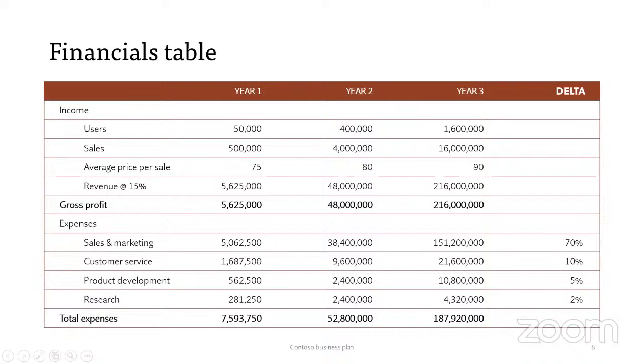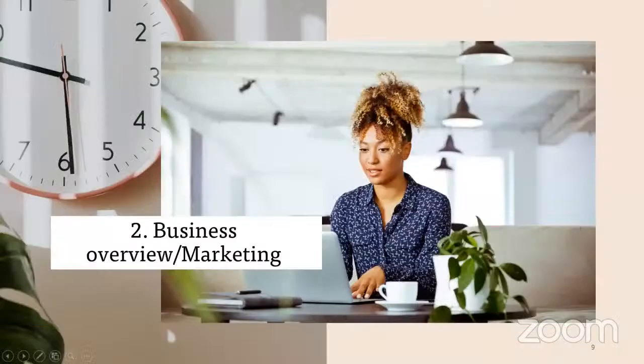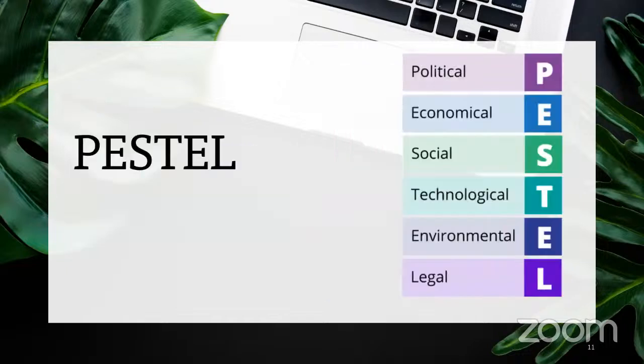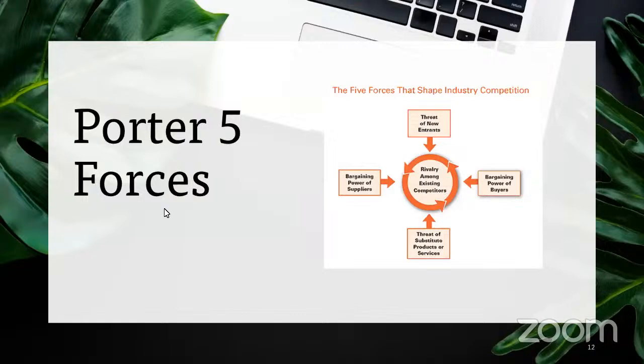Okay. Then we go to the second section, which is about business overview and marketing. Start with the analysis. So you just explore the horizon about the business. So you conduct SWOT analysis, PESTEL, and maybe the Five Forces. You discuss the market size and growth.